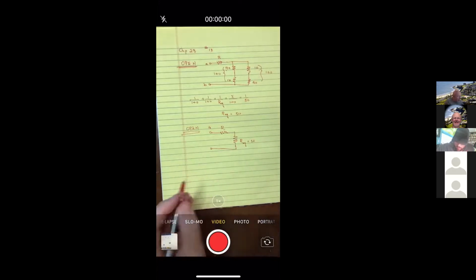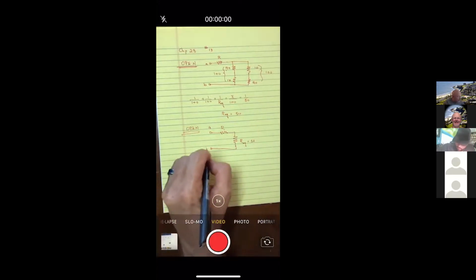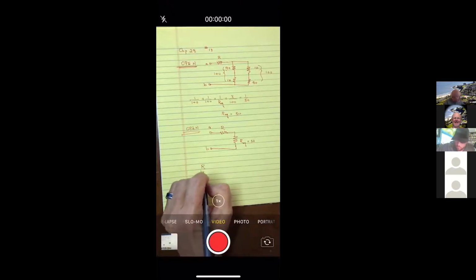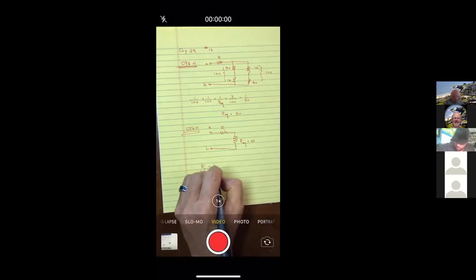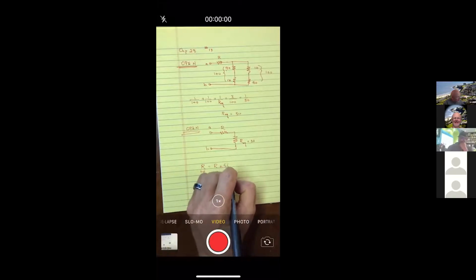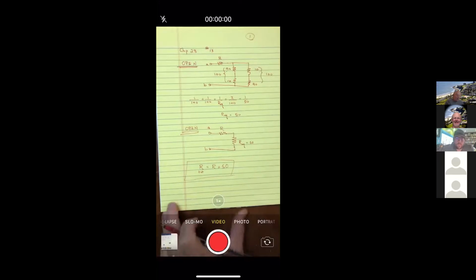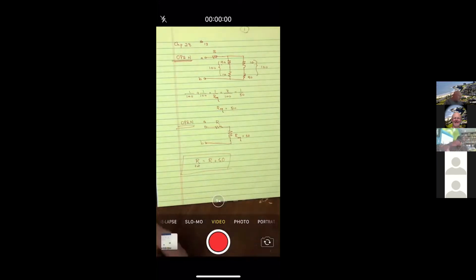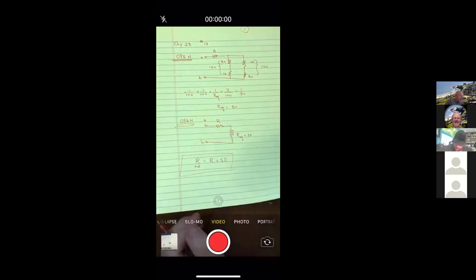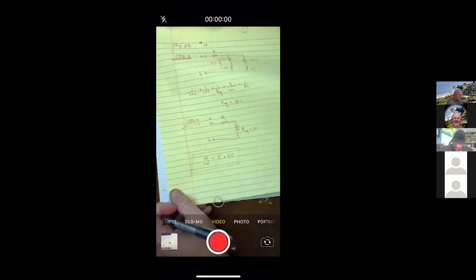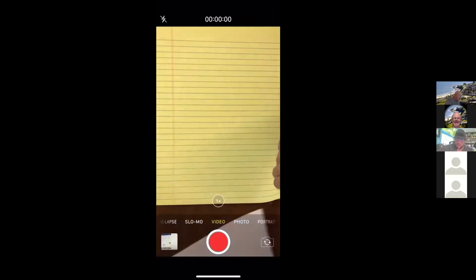And so the overall equivalent resistance, we'll go R total, would be this R plus this 50. So let me call that page 1. So again, that's what I would get when it is in the open position. Now, okay, let's try the closed.